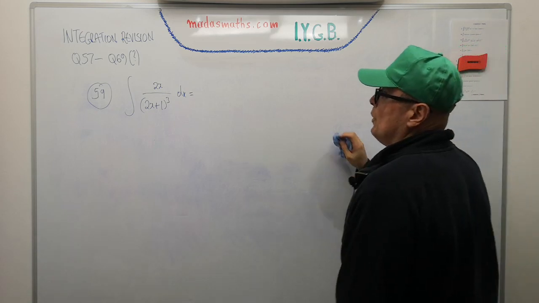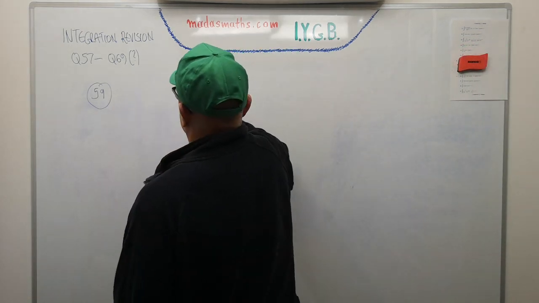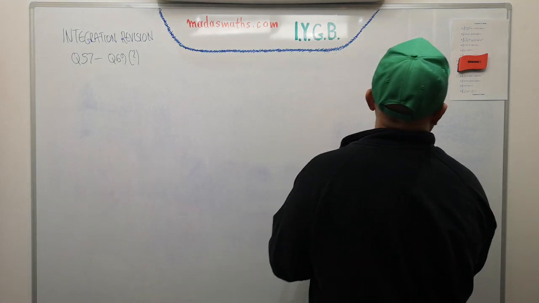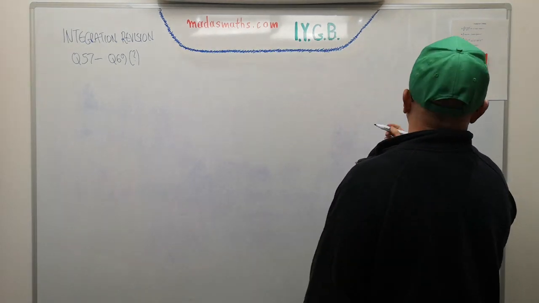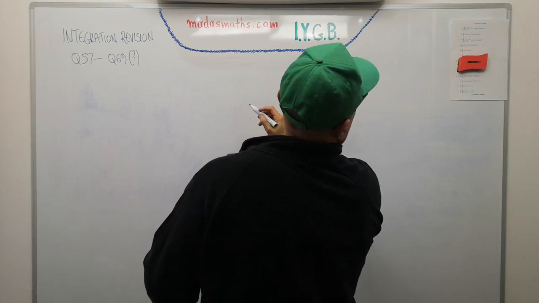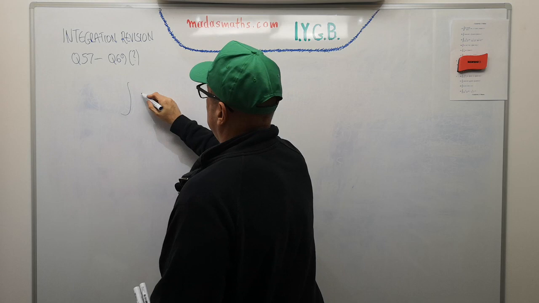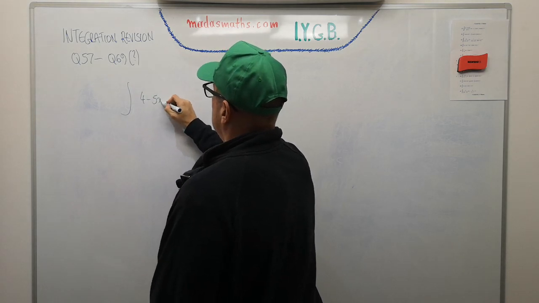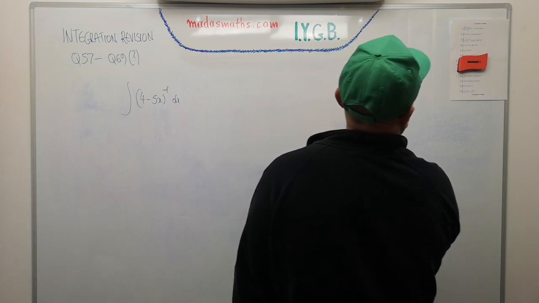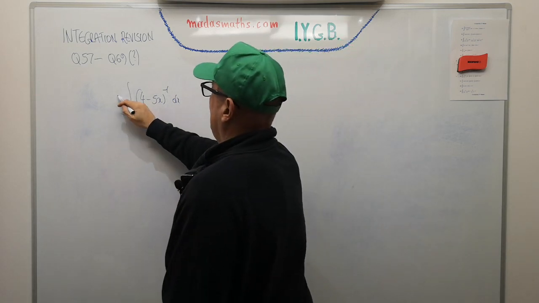Okay, the next two, we can fit them in practically one line because they're very, very straightforward. The first one is integral of 4 minus 5x to the power of minus 1 dx. That's number 60.